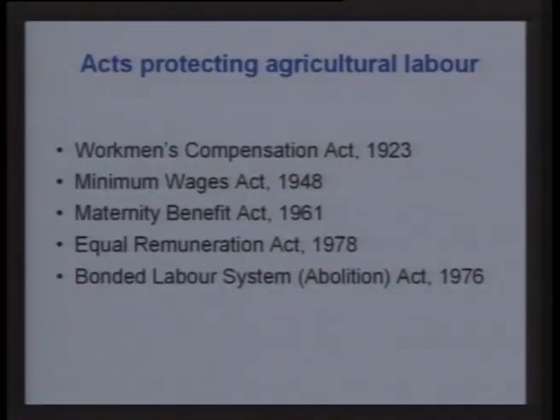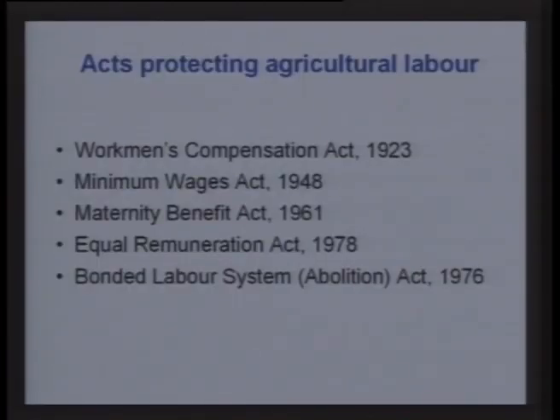As a result of this, the minimum wages have been fixed by the government, and it has been enacted by the various state governments also. And this provides that the employer has to provide the laborers a minimum wage, which is a substantial amount for good living for the workers.